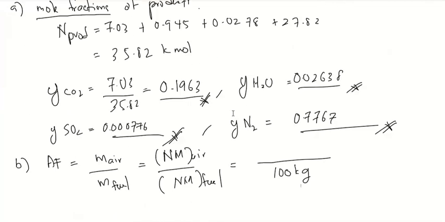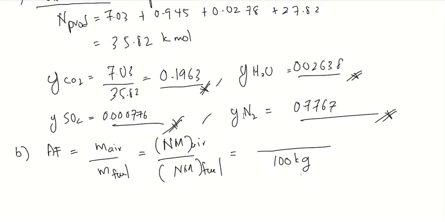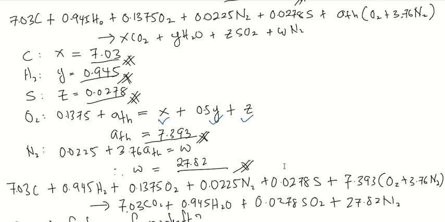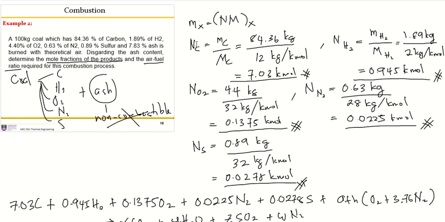But if fuel is given in terms of percentage, you can assume the total is 100 kilogram of fuel, especially if you want to find the number of moles of each chemical composition, where nC equals mC divided by the molar mass of carbon, which is 12 kilogram per kilomole.